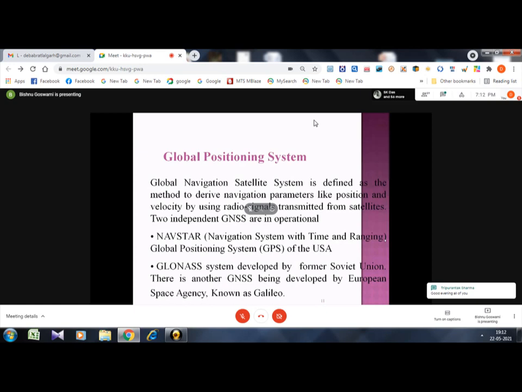One is GPS from the USA, also GLONASS from Russia, Galileo from the European Space Agency, and also one from India. These positioning systems help in our research, because we can get the position, the altitude, and the change in those parameters through time very easily.